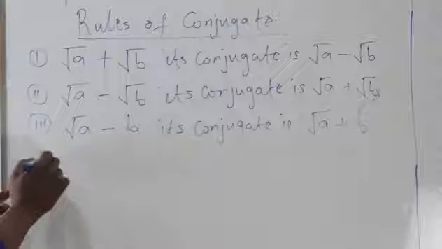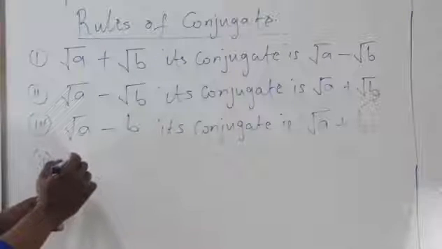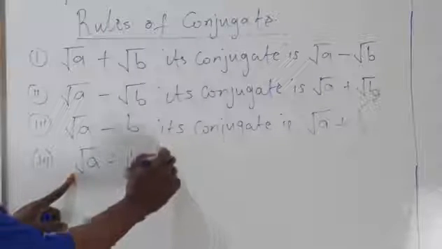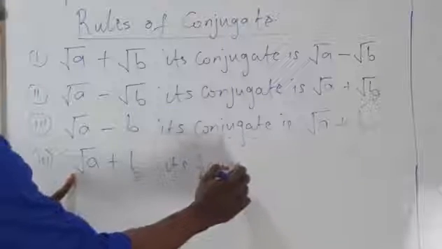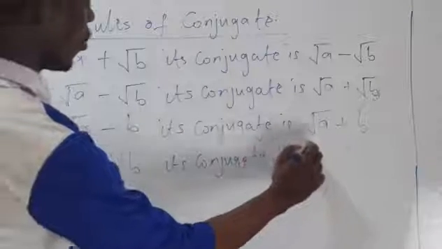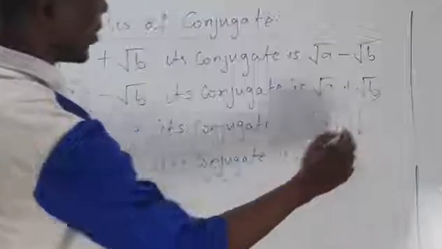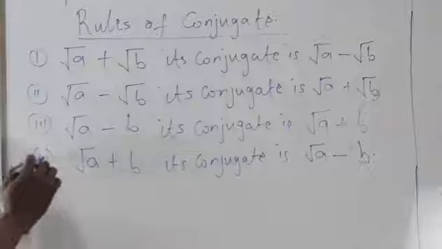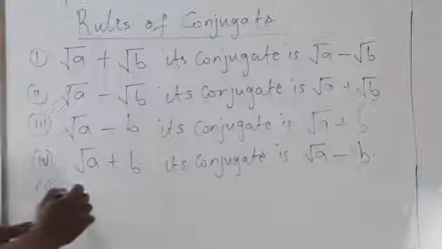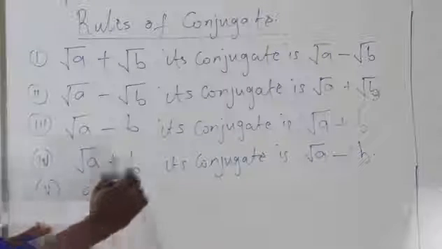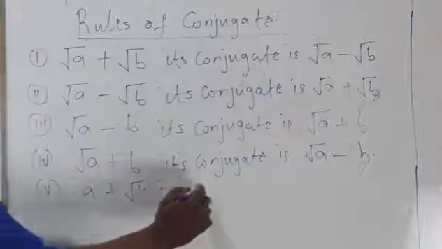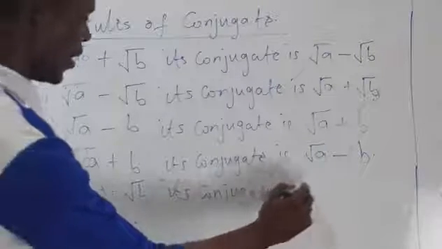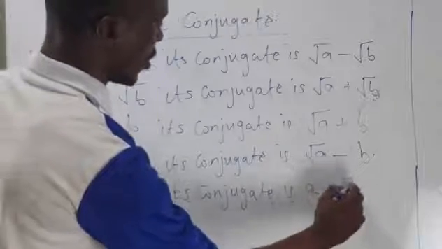While the last one is root A plus B, its conjugate is root A minus B. So it can come in this form as well. Number 5, A plus root B. So its conjugate is A minus root B.